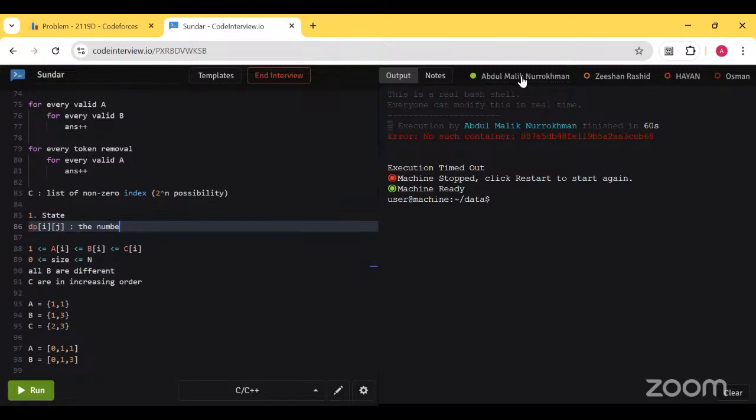The number of configurations if B1 is equal to i and the size is j. Okay. Is it understood?